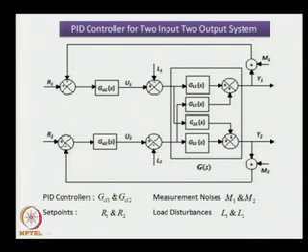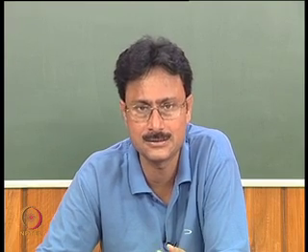Now, let us see the block diagram representation of a 2 input 2 output system. So, we have one input over here, another input over here, thus giving us 2 inputs for the system, and we have 2 outputs. Now, the 2 input 2 output system has interactions also given in this fashion. That is why there are 4 blocks representing the dynamics of a TITO system, which has interactions present between the loops.